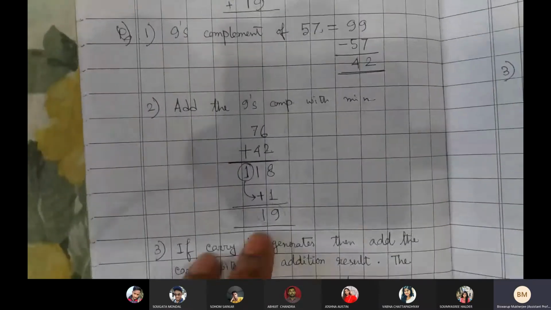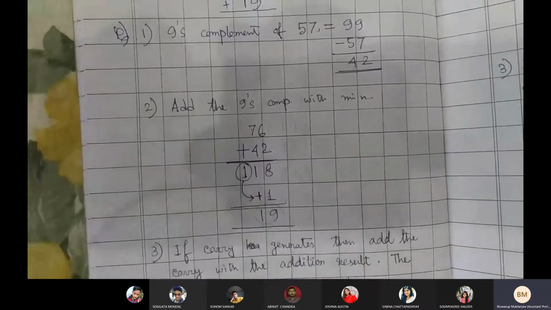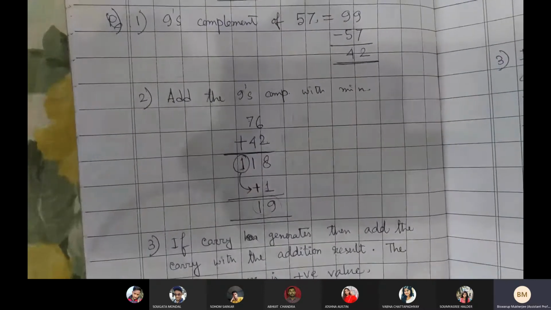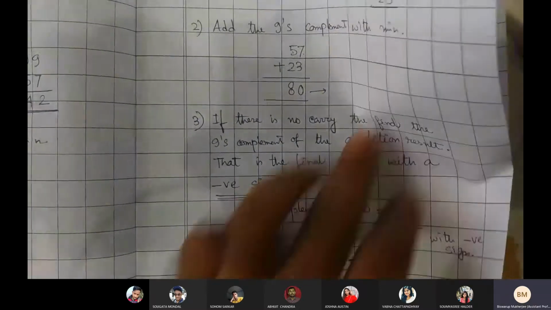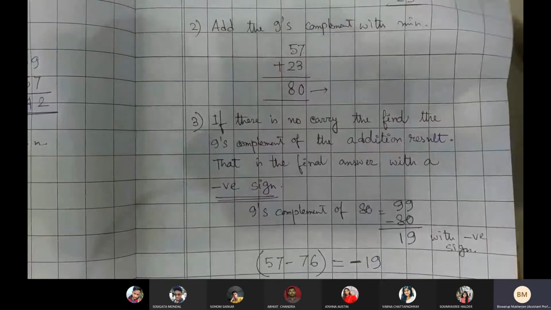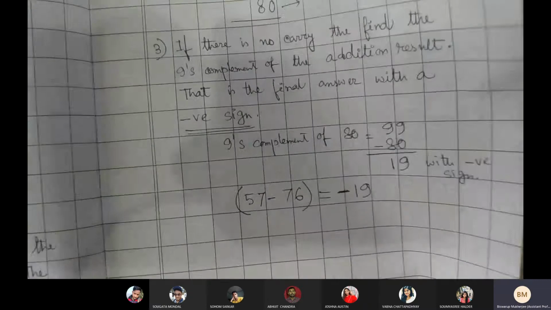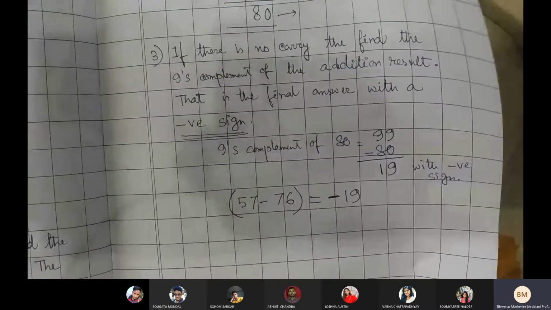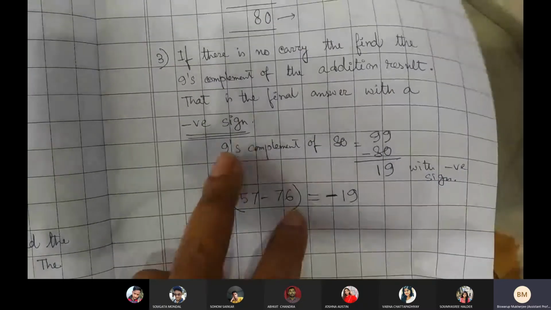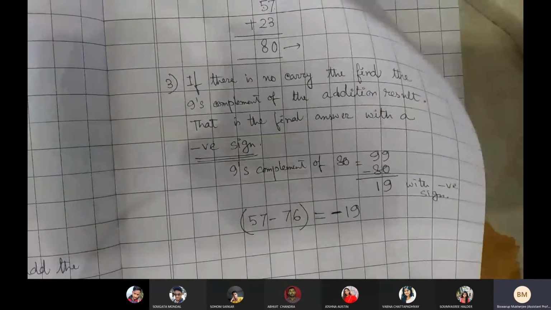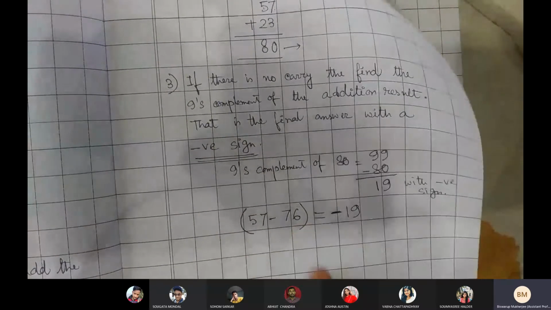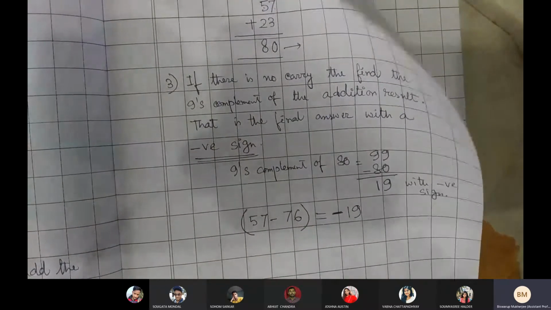If there is carry, add the carry, and the result would be positive. If there is no carry, then you have to take out the nines complement again of that number, the output of that addition, and the final answer would be negative. Now obviously you can see 57 minus 76 is minus 19.